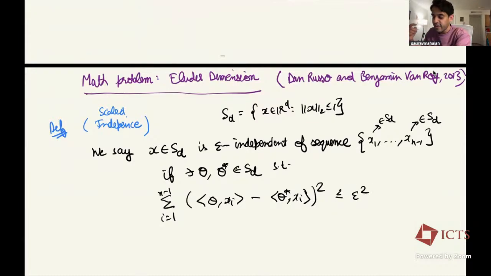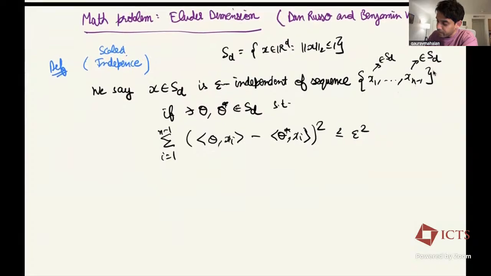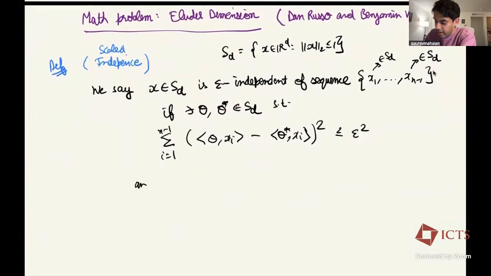If I look at each xi, theta and theta star are agreeing on all of 1 to n minus 1, and they disagree on x.